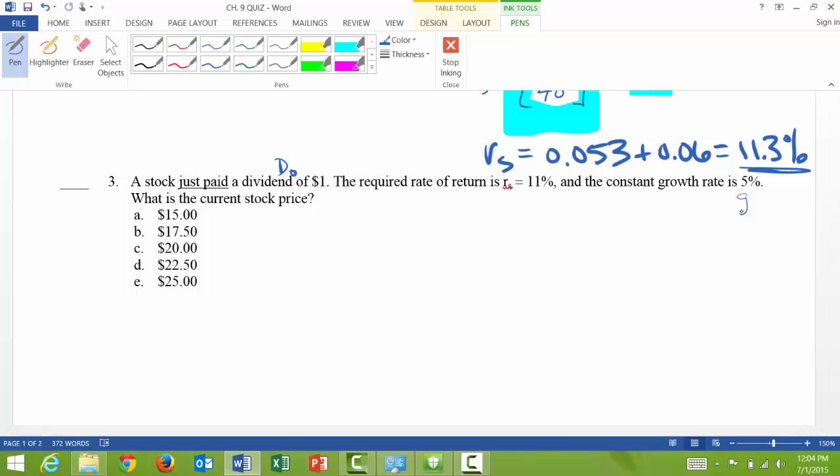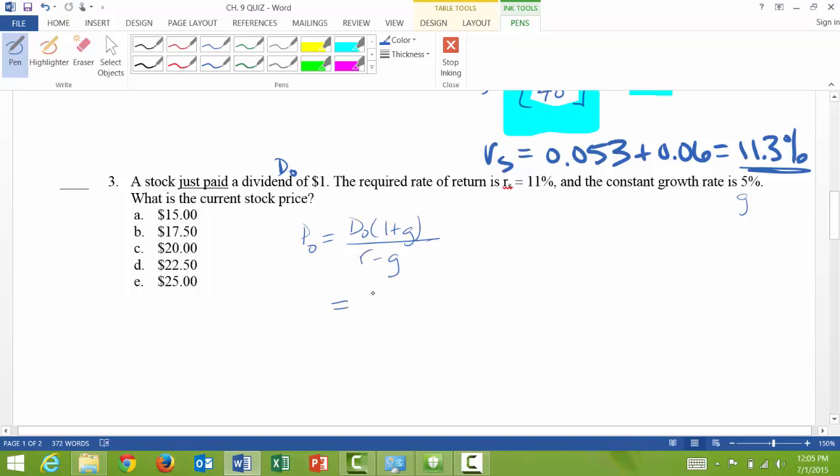And so in this question, we're using the constant growth model where you have P0 is equal to D0 times 1 plus g, since we were given that D0, over R minus g.